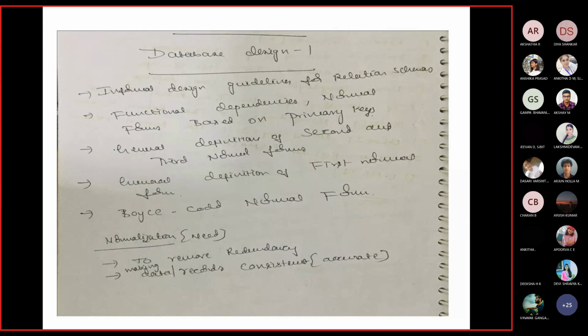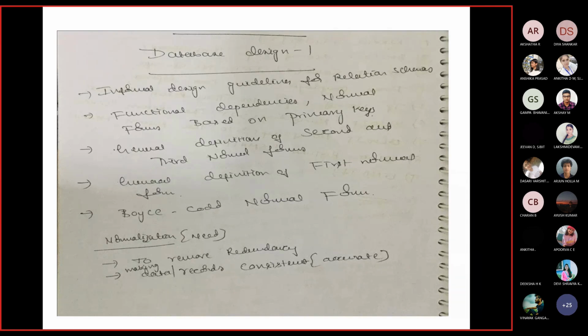Then after that, functional dependency and normal forms based on the primary key. Whenever you are creating any relations, there should be a dependency. That means the non-key attribute must be dependent on the key attribute. And we'll also have some normal forms here, called first normal form, second normal form, third normal form, BCNF, fourth normal form, and fifth normal form.